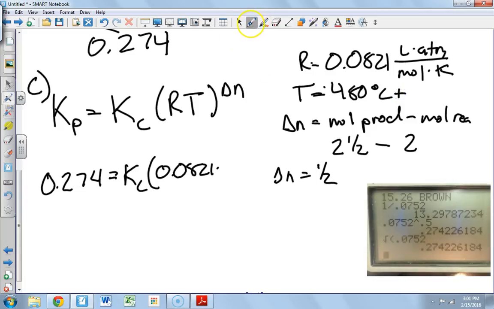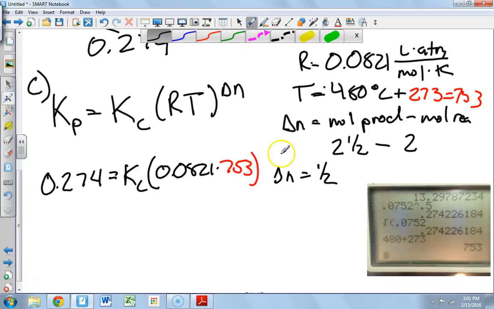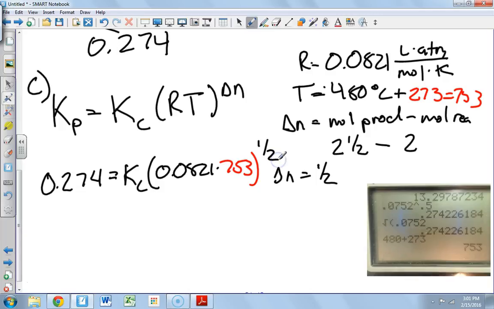To do that, we have to remember our beginning chem: we add 273. So 480 plus 273 in Kelvin is 753. So this is times 753. I'll keep the colors there so you know where that temperature came from. And this is to the half power.